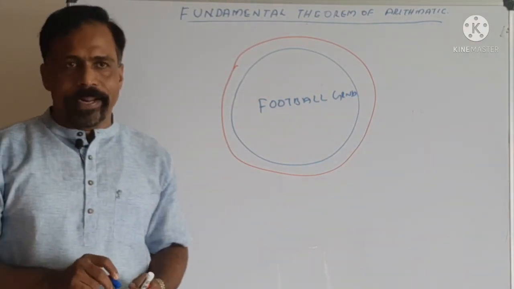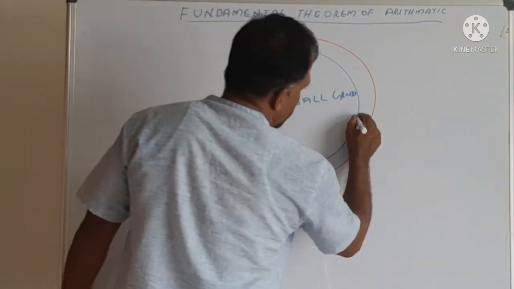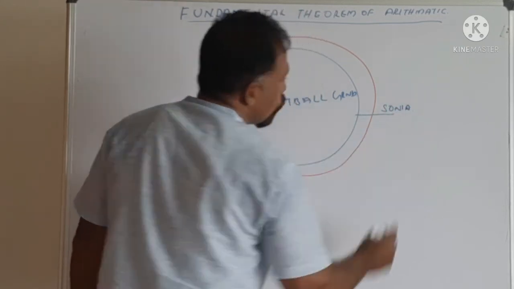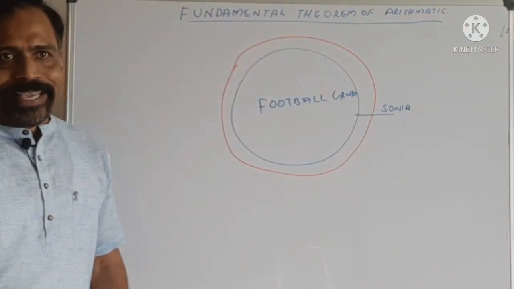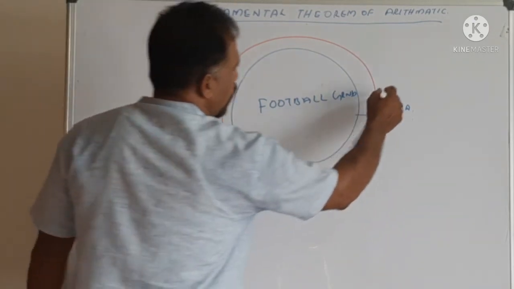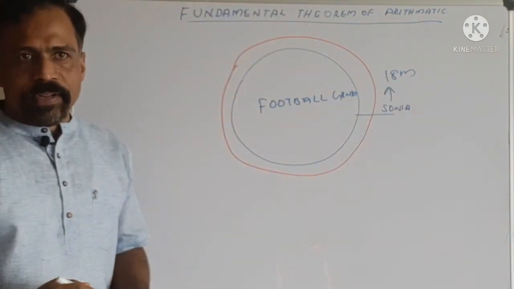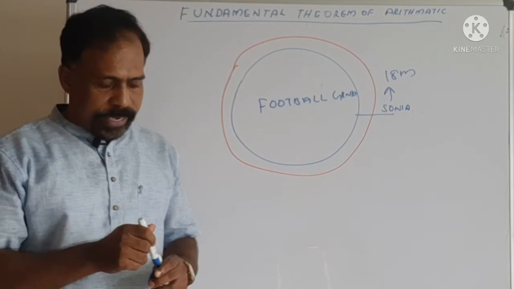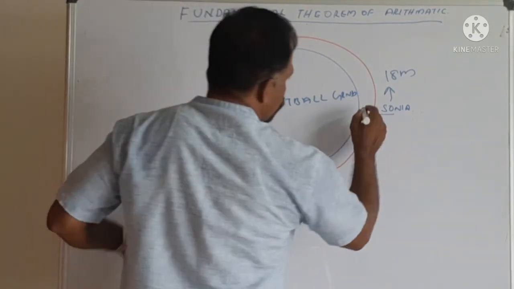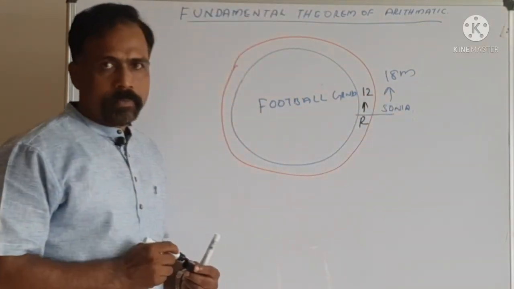Now, there are two players. One is Sonia. Let this be the starting point. Sonia takes 18 minutes to drive around the field. Now, Ravi takes 12 minutes to complete the same distance in the same direction. So, Ravi is also starting. Who is faster?